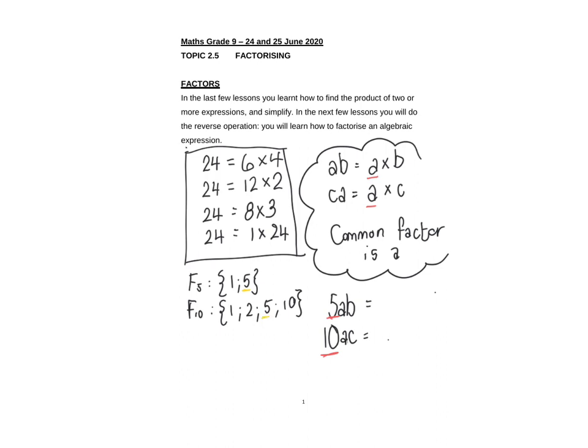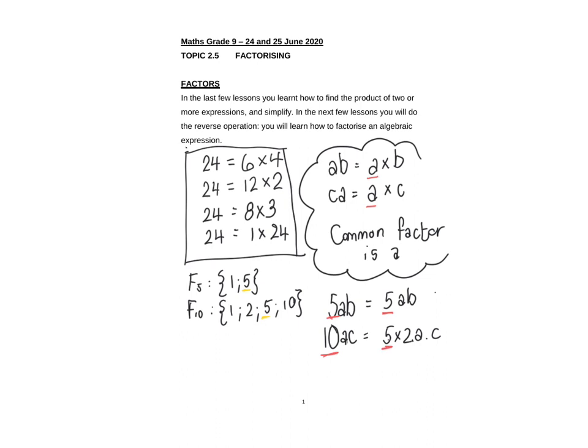Okay, so therefore I know I have a 5 in common as a factor because 10 is 5 times 2, A times B, A times C. Okay, and then we also see from this that 5 is our common factor.